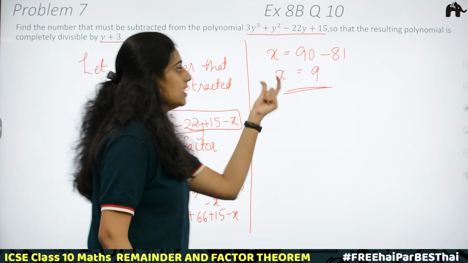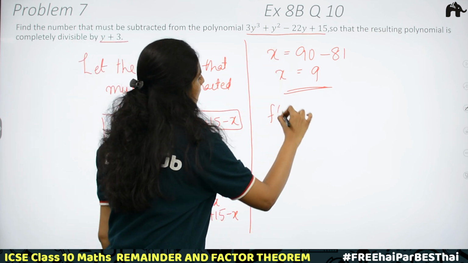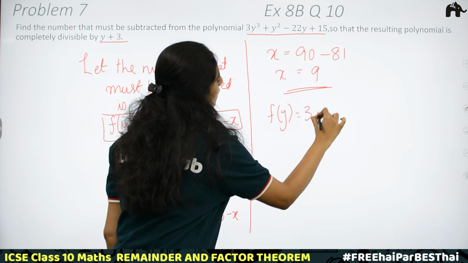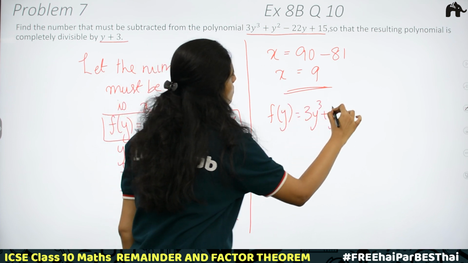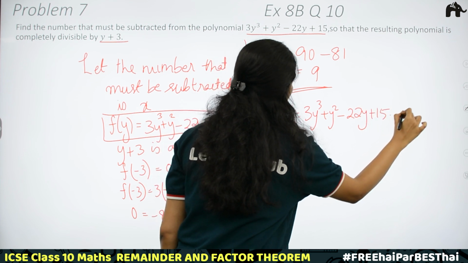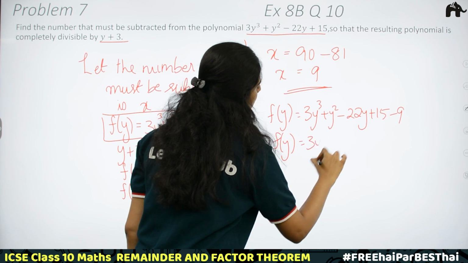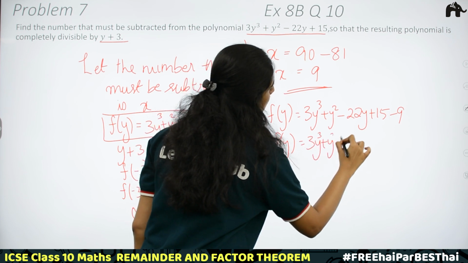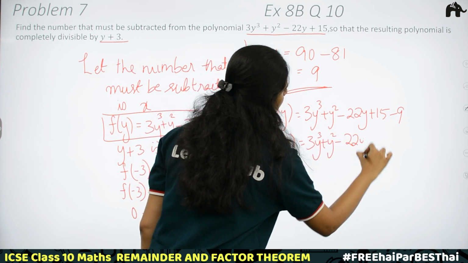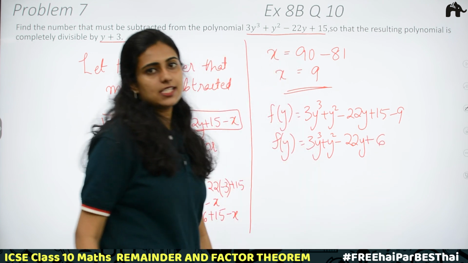We are subtracting 9 from the expression. Then our expression f of y will be equal to 3y cube plus y square minus 22y plus 15 minus 9, or f of y is equal to 3y cube plus y square minus 22y plus 6. 15 minus 9 is 6.